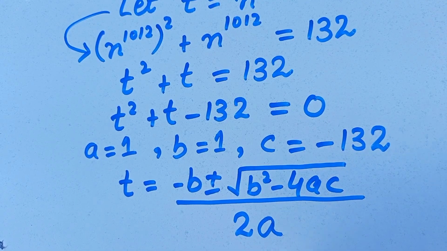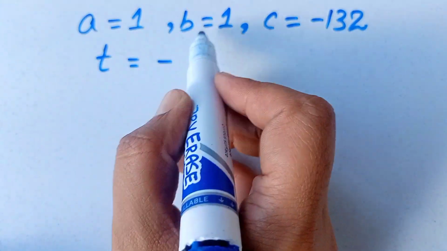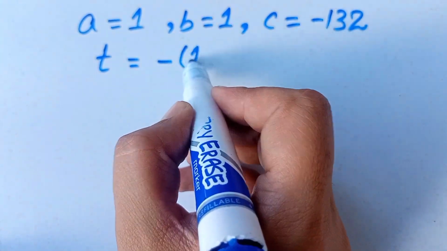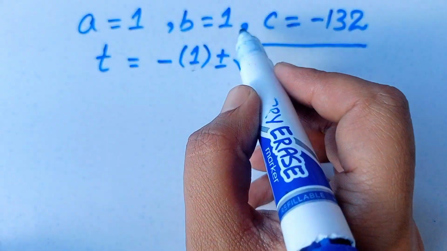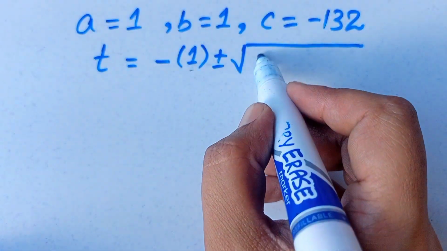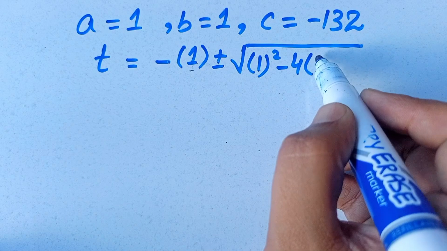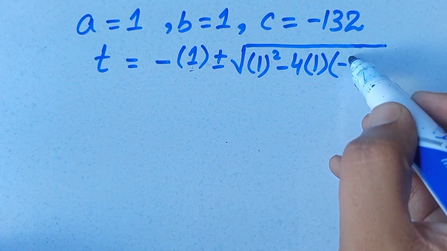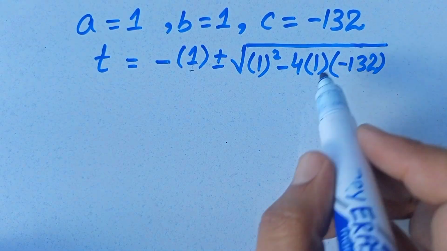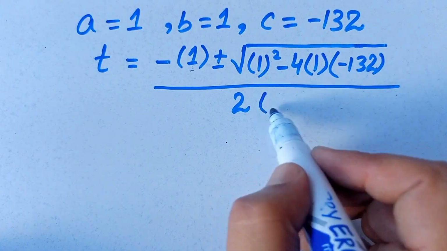Now putting in the values a equals 1, b equals 1, c equals negative 132: for b we put 1, plus or minus the square root of 1 squared minus 4, replacing a by 1 and c by negative 132, whole divided by 2 times a, where a is 1.